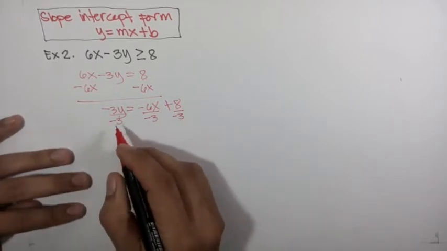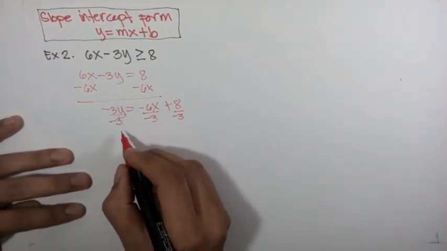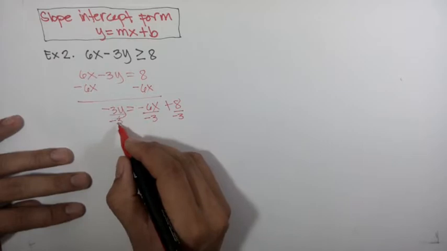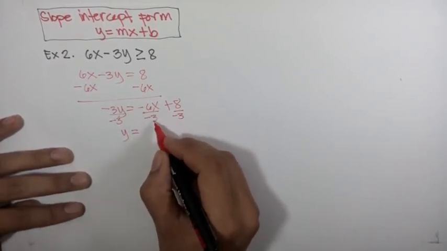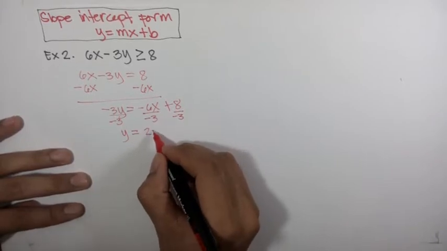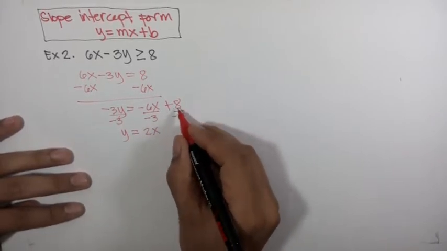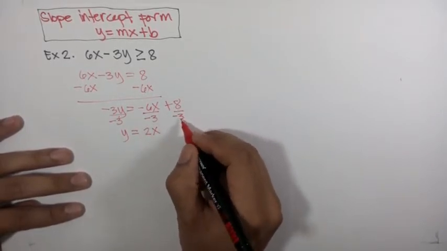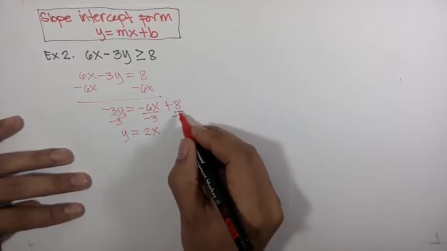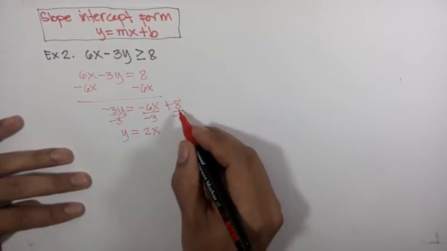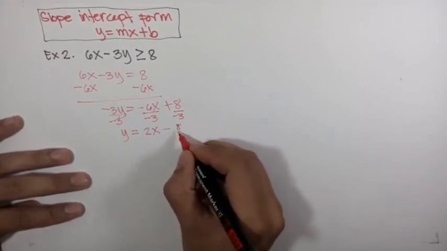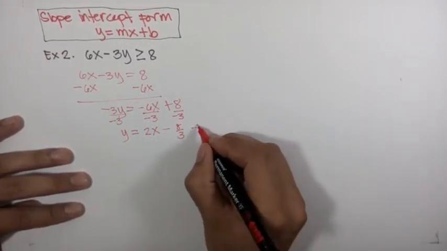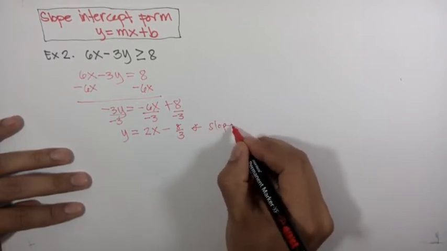Negative 3 divided by negative 3 is 1, so y equals negative 6 divided by negative 3, which is positive 2. So you have 2x. Positive 8 divided by negative 3, you cannot simplify it. It will give you a decimal number or a mixed form, so just leave this form. So you have negative 8 over 3.